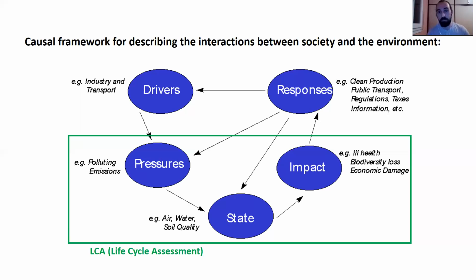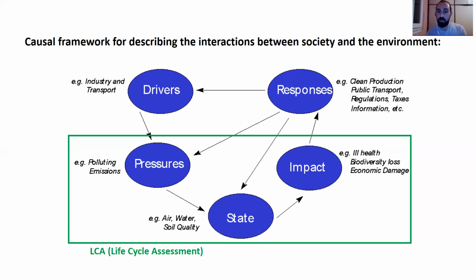This life cycle assessment takes into account those major issues that can be dangerous for us: climate change, ozone depletion, things that kill animals, biodiversity loss, such important issues. It integrates all of it, and it takes into account the functional unit, the function performed by goods and services, which I think is very important. So these are the three main characteristics of life cycle assessment.